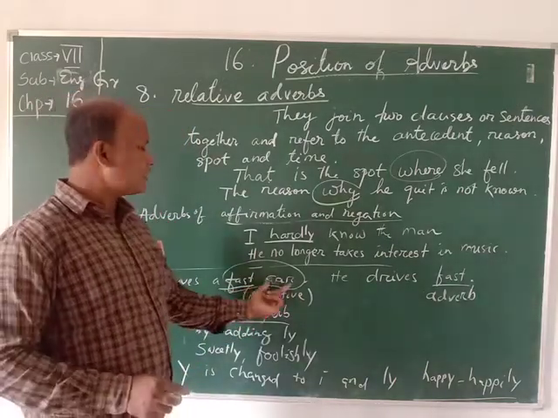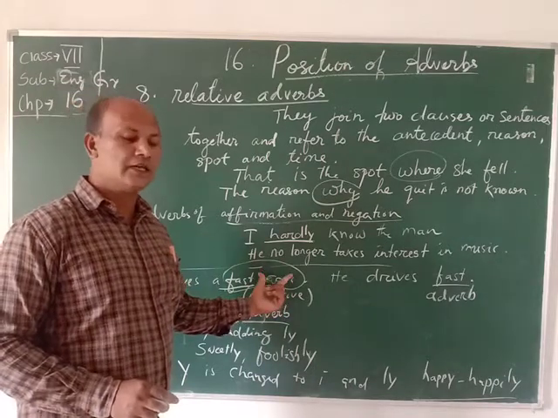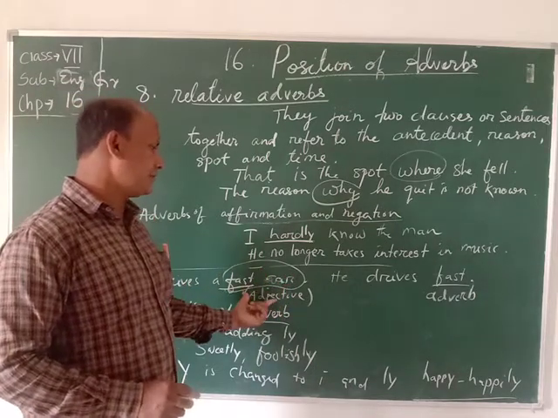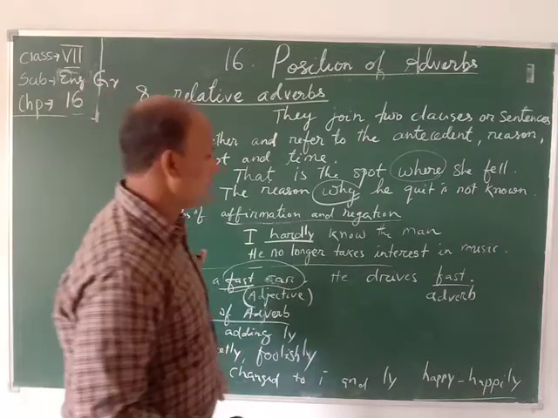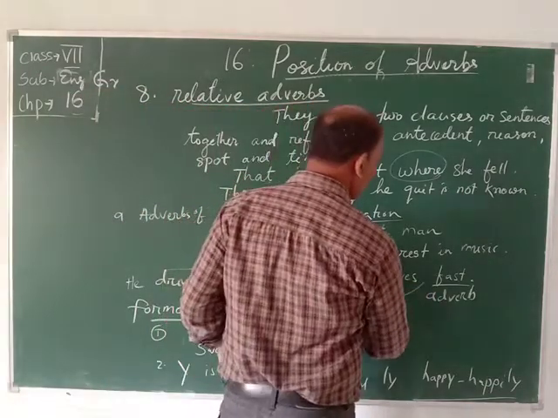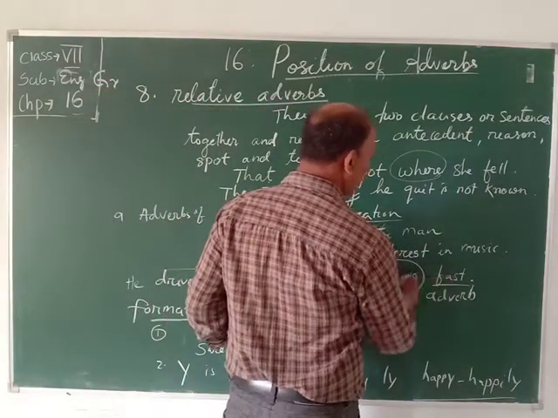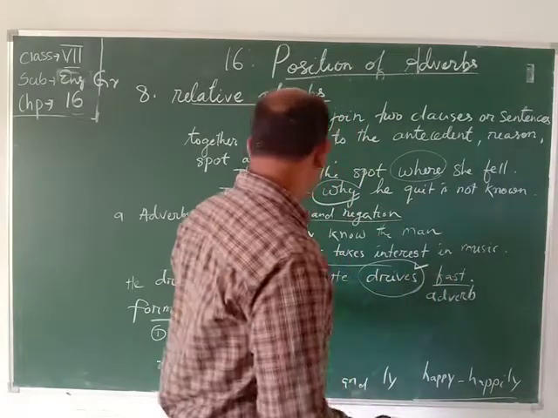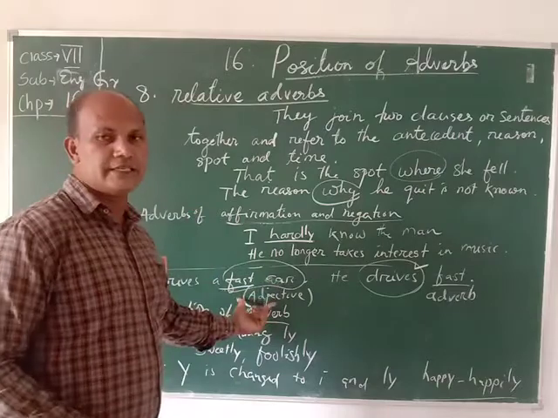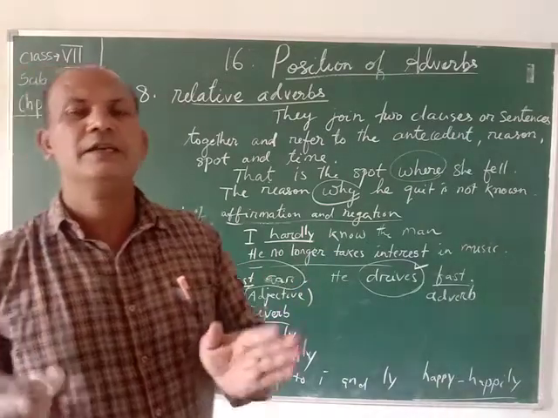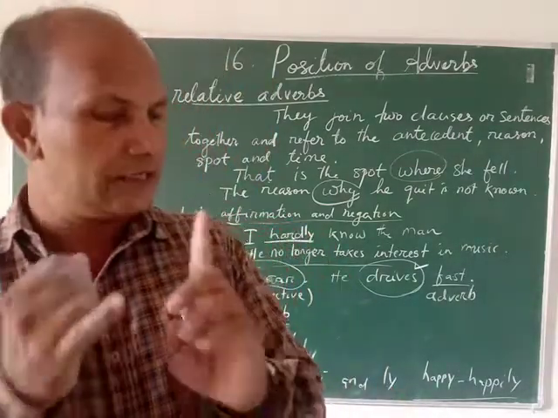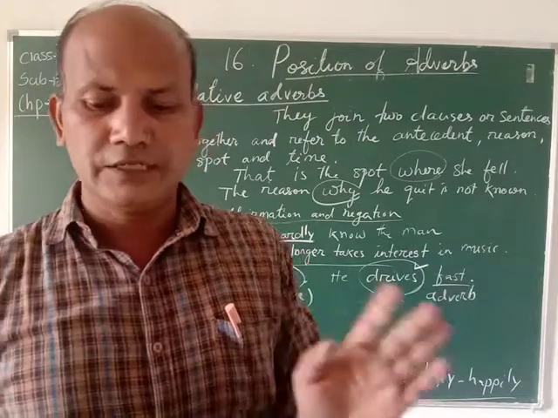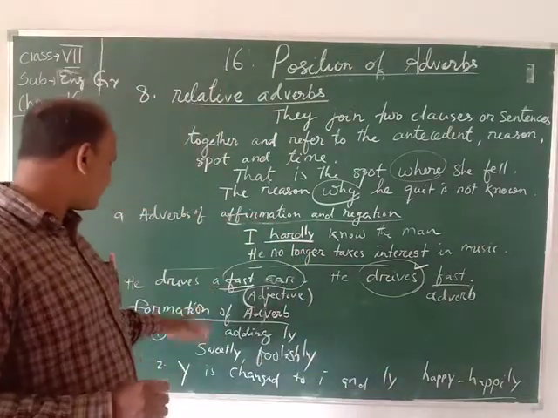Suppose यहाँ पर क्या है, qualify the noun car, that's what is adjective. और he drives fast, मतलब उसका चलाना कैसा, बहुत तेज है. यहाँ पर qualify the verb, that's why adverb, and you qualify the noun, that's why adjective. That is the difference between adjective and adverb. But the same word fast, one is adjective, one is adverb. It's clear to understand about this point.